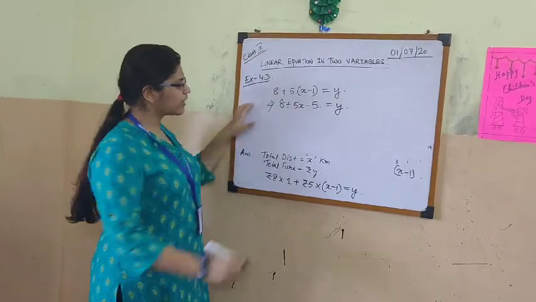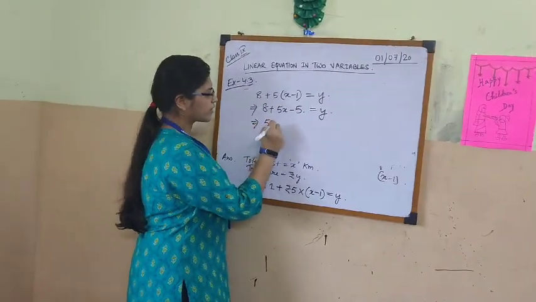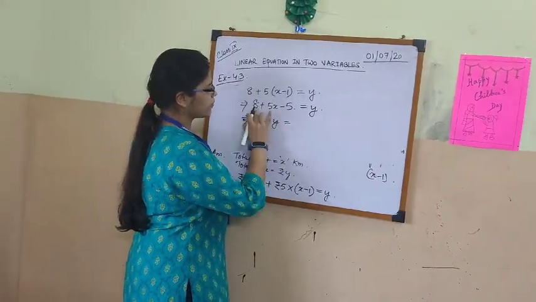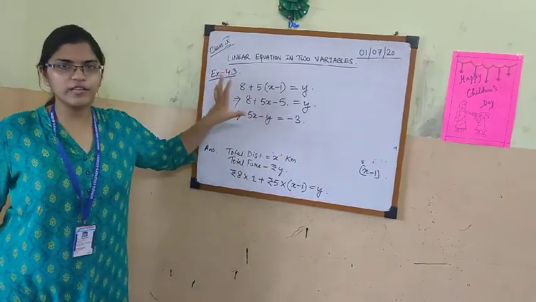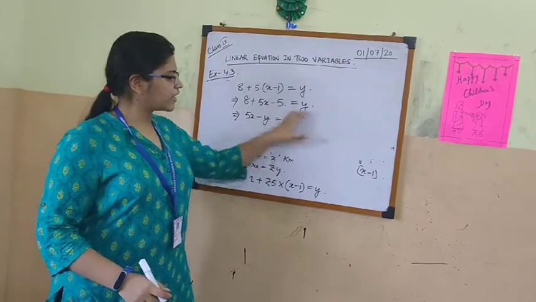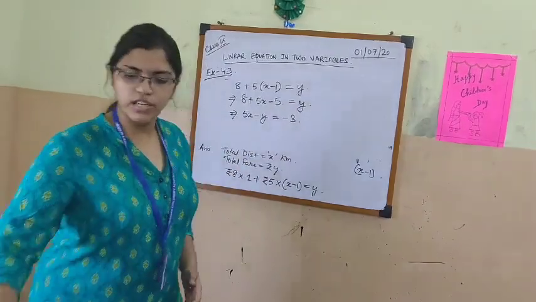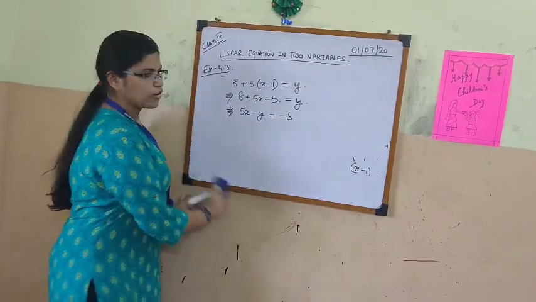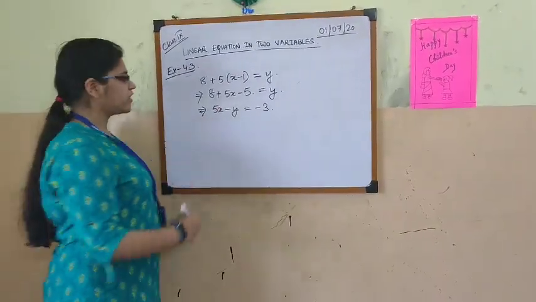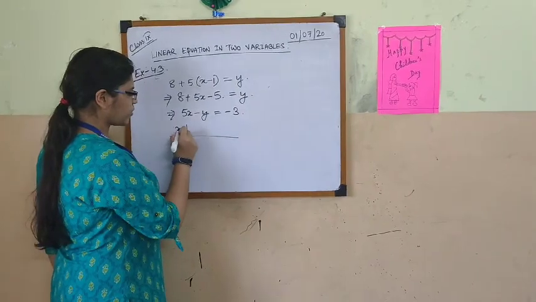Now simplifying this, we will get 5x minus y equals minus 3. This is the final equation. Now from this equation, you have to form the chart for x and y values. So next I am drawing the chart of this x and y.